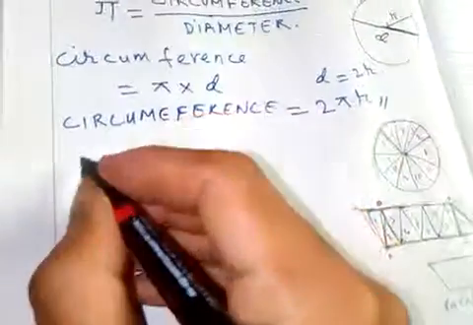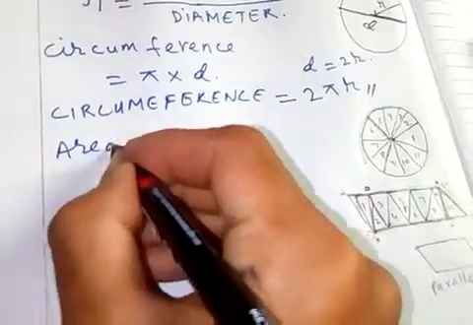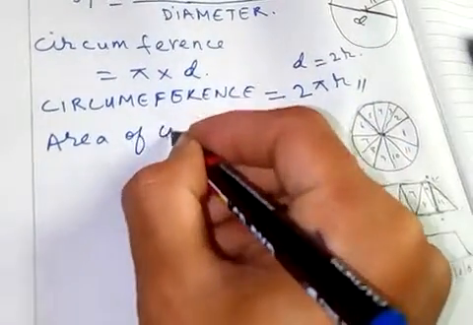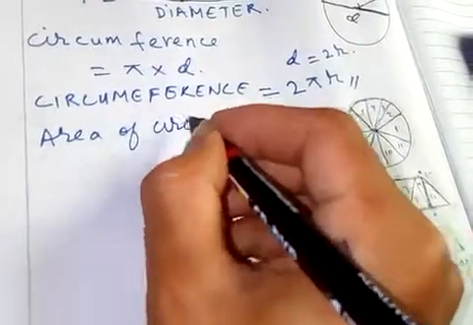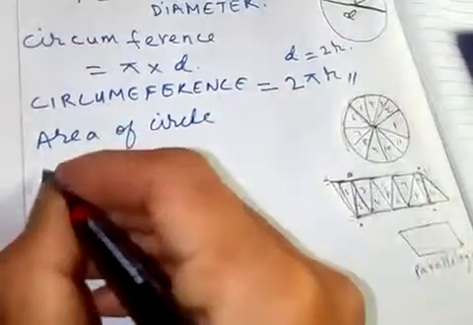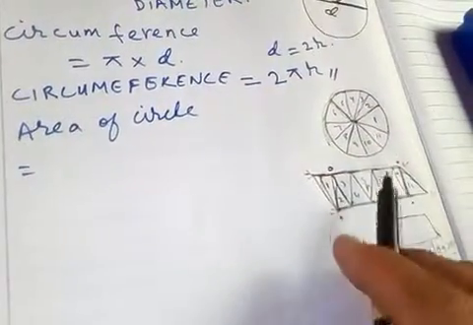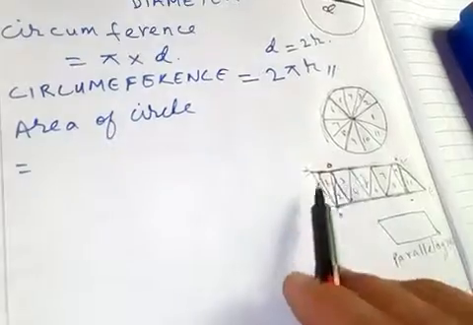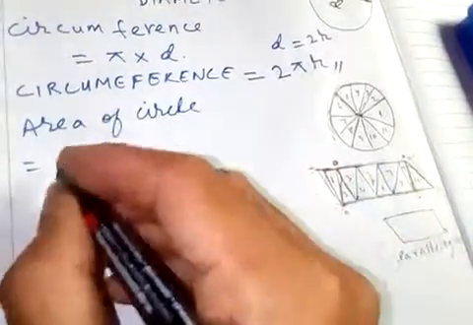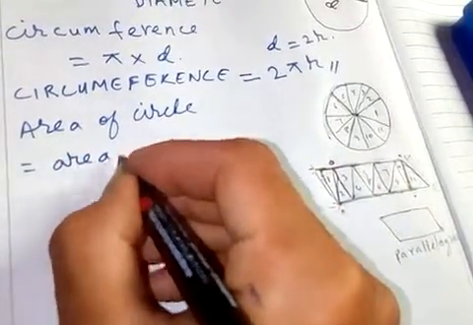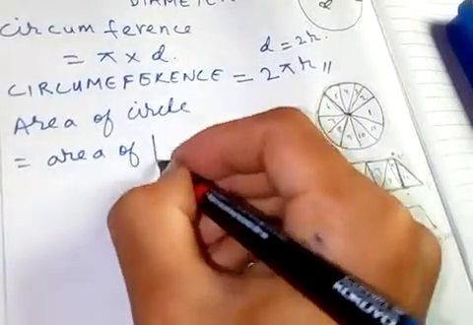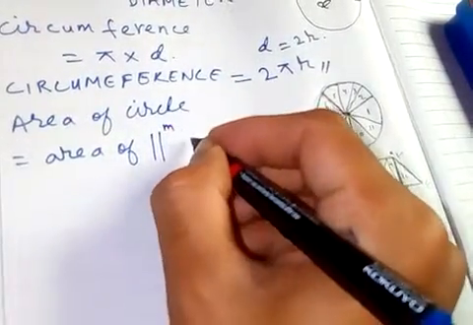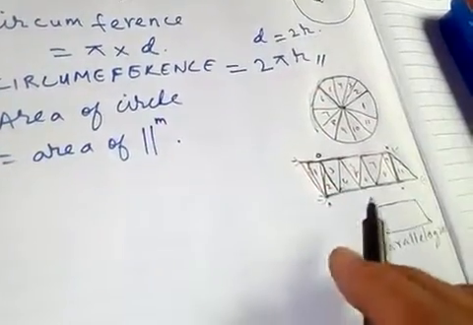Now, area of a circle. Since we divided it into sectors and arranged them, we get the area of a parallelogram.